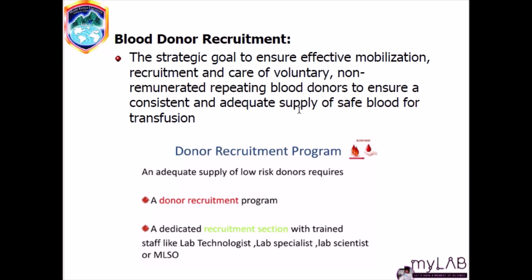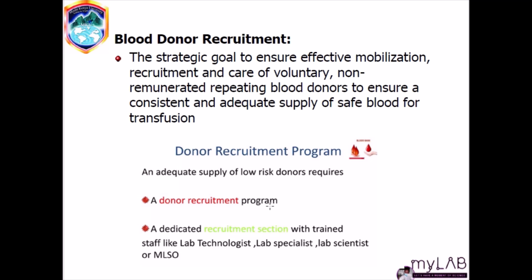So a donor recruitment program usually will ensure that we have adequate supply of low-risk donors or people who can easily give blood without any complications. And every laboratory will require to have a blood donor recruitment program of how they sign up blood donors who are voluntary, so that there is always safe blood, because we cannot rely on family and friends in situations of disease all the time.